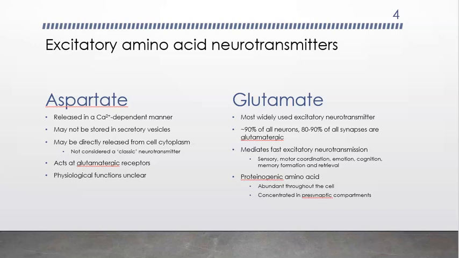They do tend to be concentrated in the presynaptic compartments, so we don't see them too much right at the postsynaptic membrane of the postsynaptic cell. They stay a little bit away from the synapse on the postsynaptic side, but they are found throughout the entire cell.